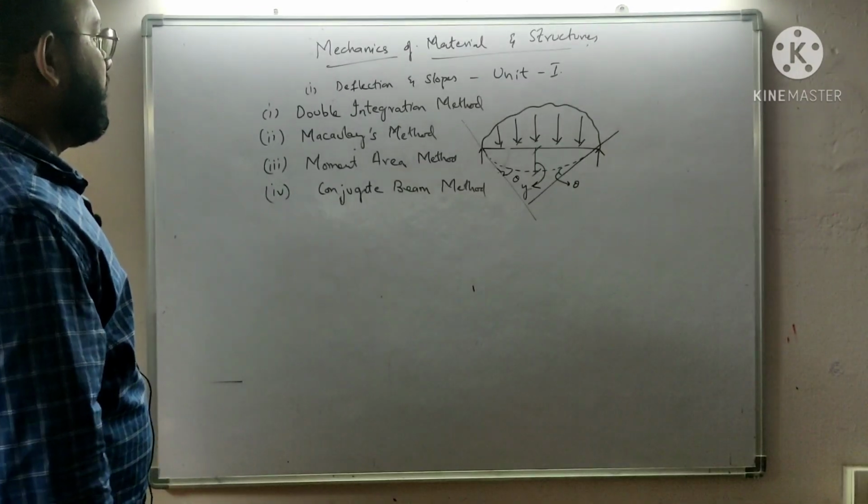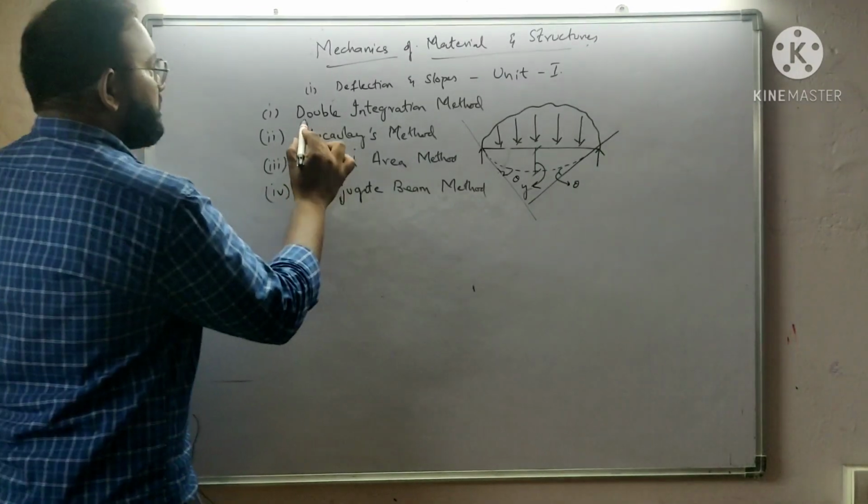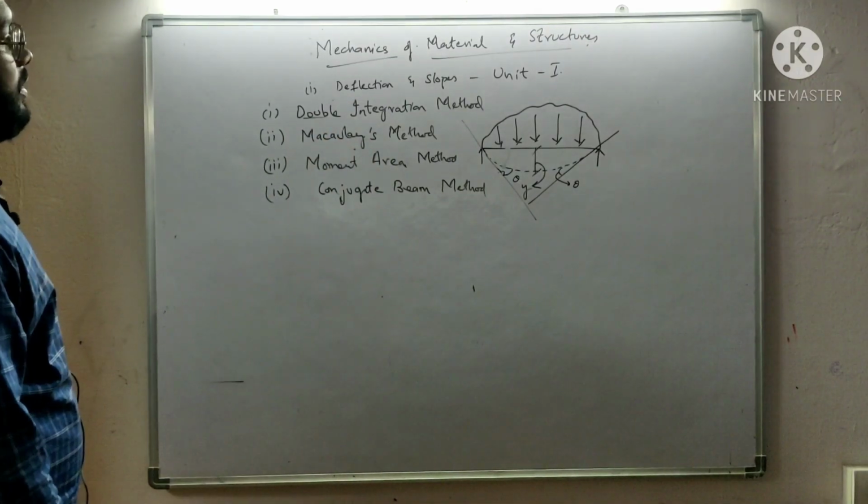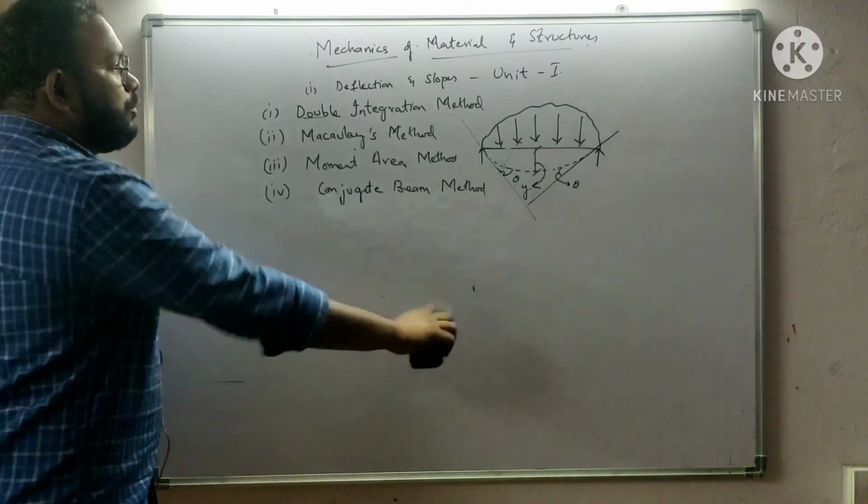Of course, all the methods have their own limitations. Based on the limitations they were developed. This is the first method, the double integration method, whose extension is Macaulay's method, and these 2 are different methods.